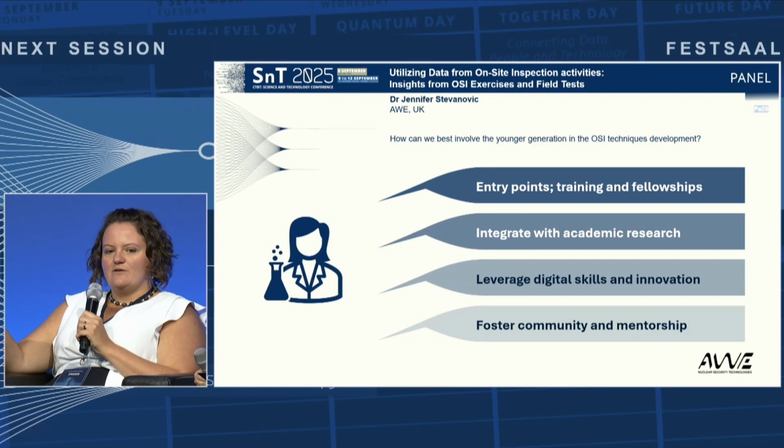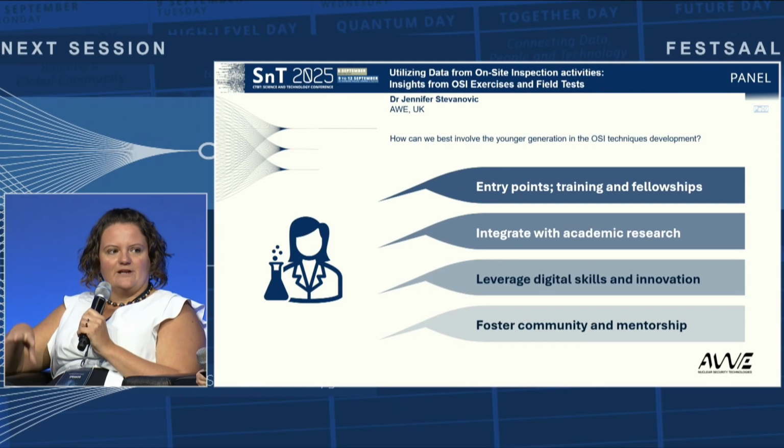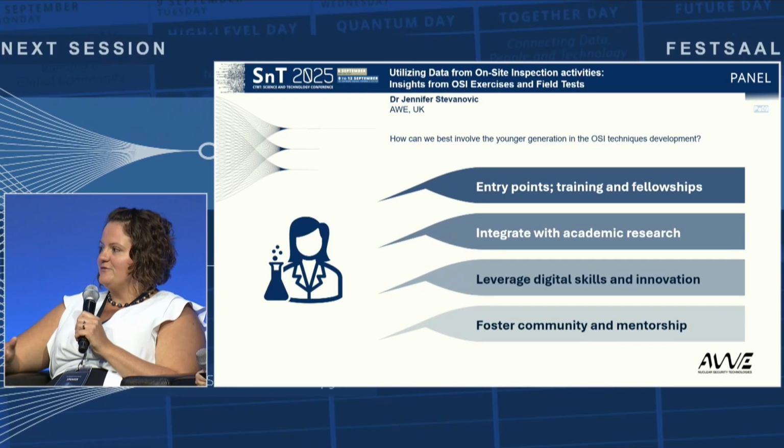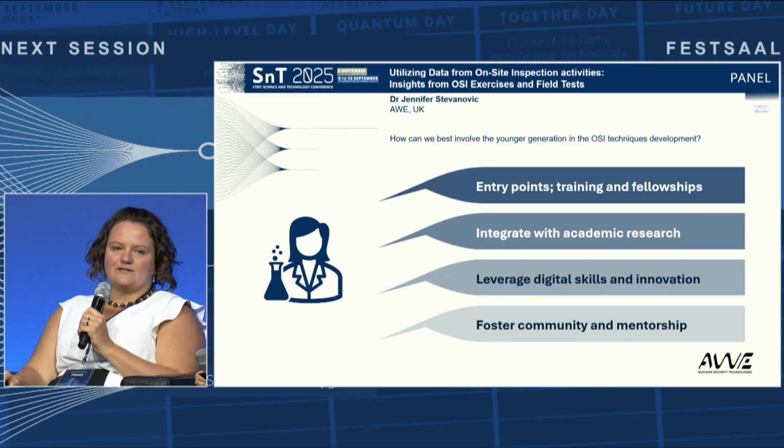So I think reaching out and getting people involved earlier and sooner is important. Many of my third training cycle colleagues have moved on to other jobs, other roles, even other countries, but they're still OSI inspectors, and it's a family for life. So the sooner we engage people, the longer we have them, and the more runway we have with that expertise. I thought that was a really lovely point.